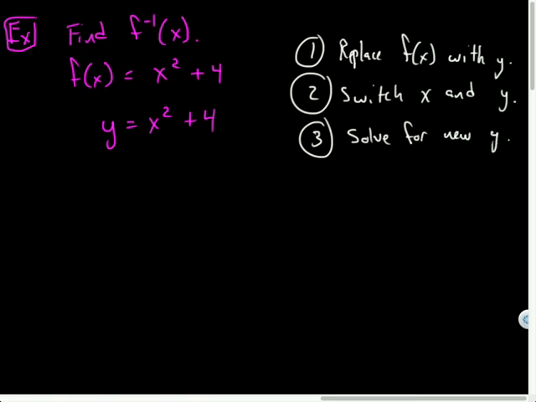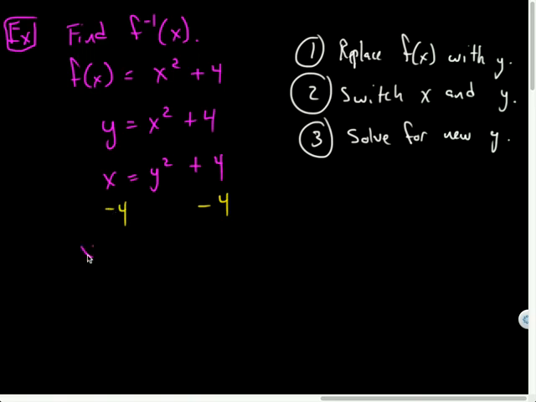So let's do some of these steps out. When I switched x and y, this would be x equals y squared plus 4. And now how could I solve that for y? What would I do to get y by itself here? Eventually, but I'd have to deal with the 4 first.